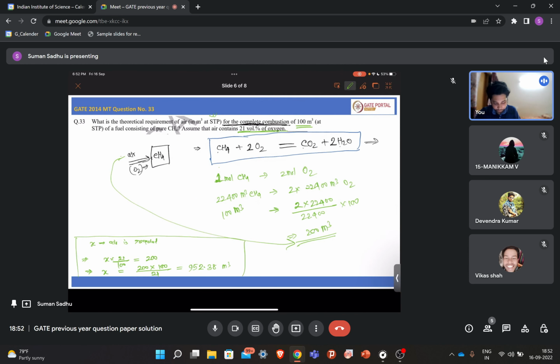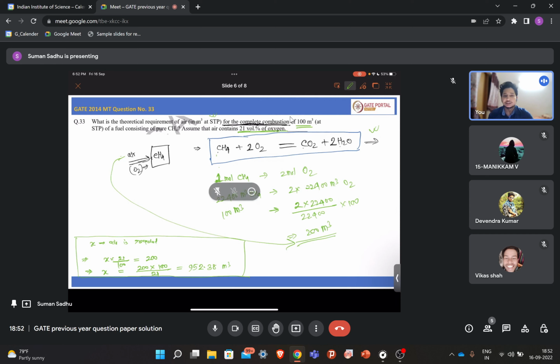So everyone understood? It was a very simple question. We just have to do a mole balance. Even if you don't write all this, if you just visualize, you can directly calculate the answer. You just write the reaction and see that a 1:2 ratio is required.